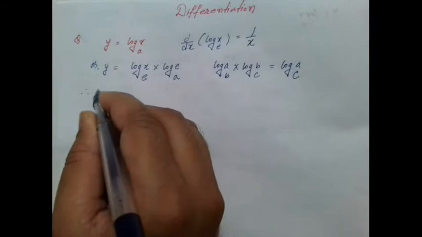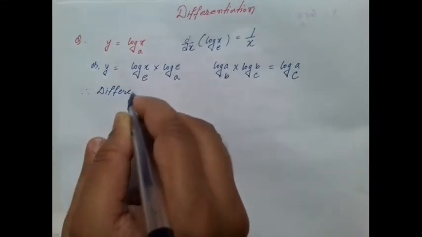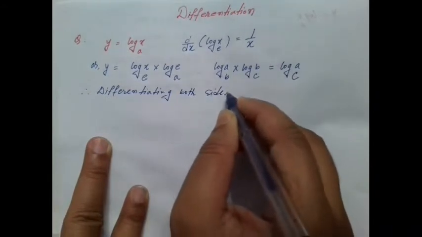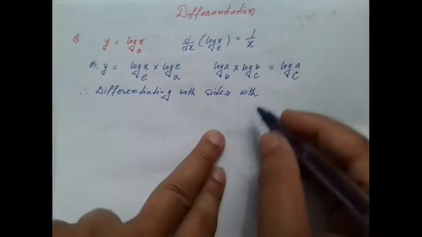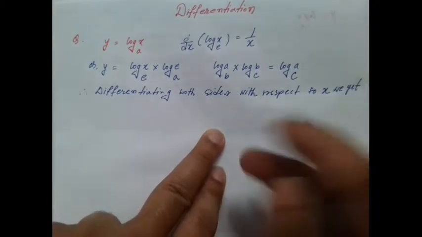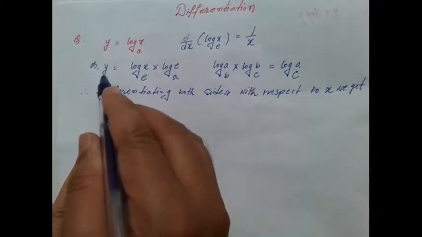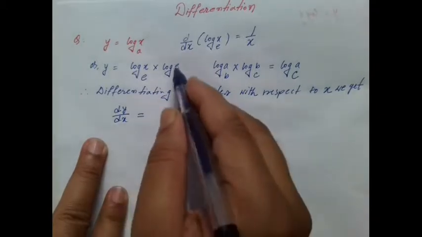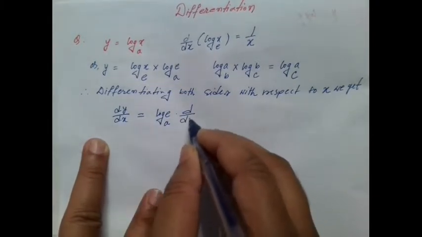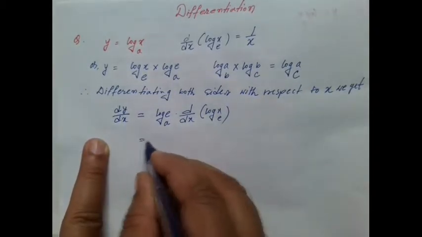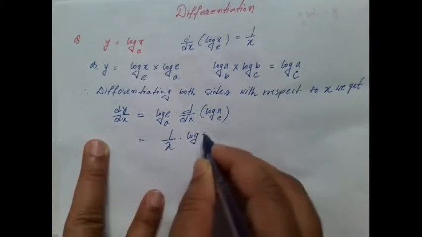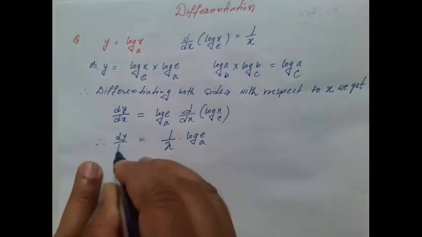Therefore, differentiating both sides with respect to x, we get dy/dx equals, here log e to the base a is a constant, so log e to the base a and d/dx of log x to the base e, the derivative of this will be 1 by x, so 1 by x into log e to the base a, and this one is our required dy/dx.